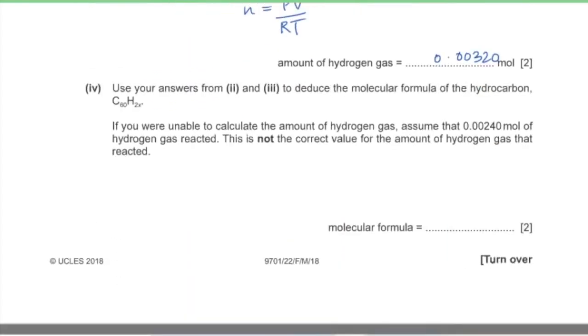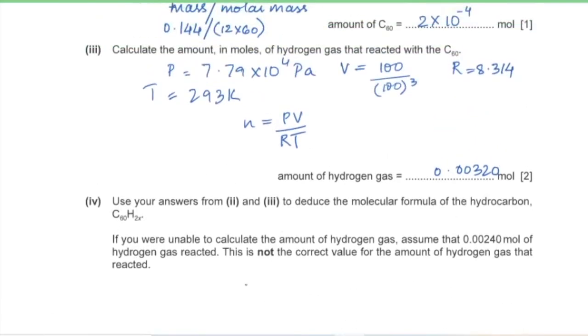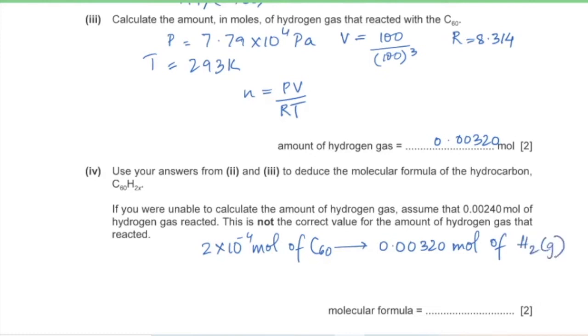Part 4, use your answers from part 2 and 3 to deduce the molecular formula of the hydrocarbon C60H2X. Okay, so from the previous part, we got to know that 2 into 10 to the power of negative 4 moles of C60 reacted with 0.00320 moles of H2 gas.